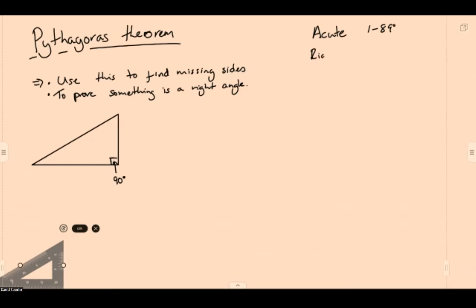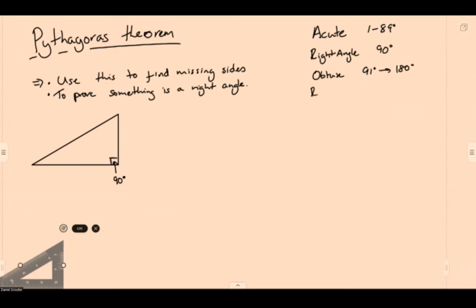A right angle is your 90 degrees. You've got obtuse, which is greater than 90, so 91 to 180.